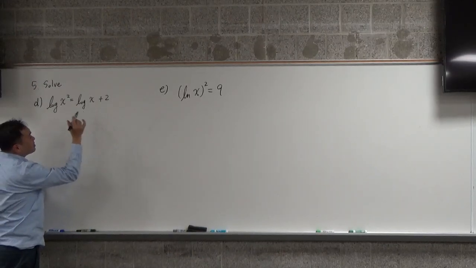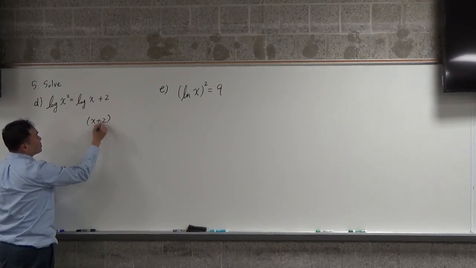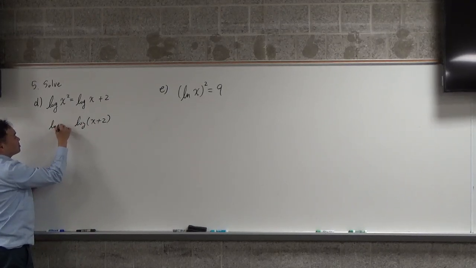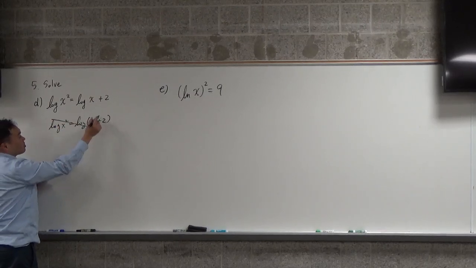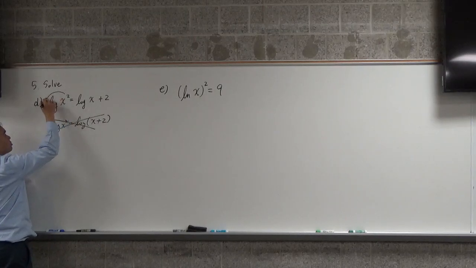So for this question, the parenthesis shouldn't be there. This question, this is totally different from this, okay? So make sure that you distinguish these two, and what you do is you move the 2 down here.